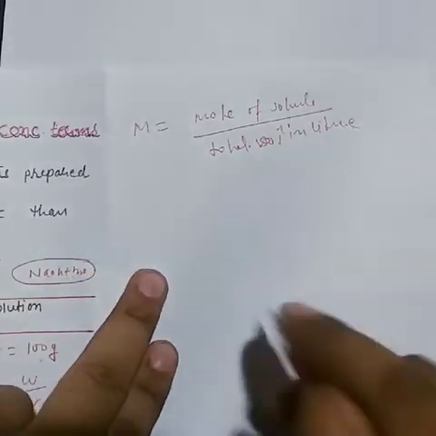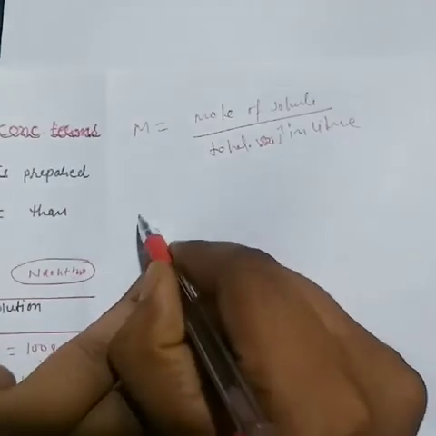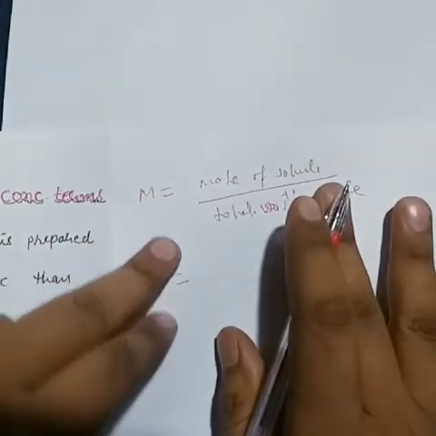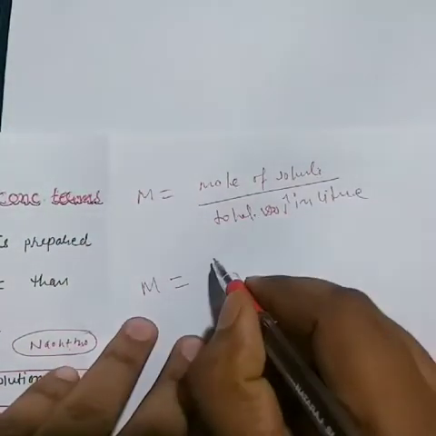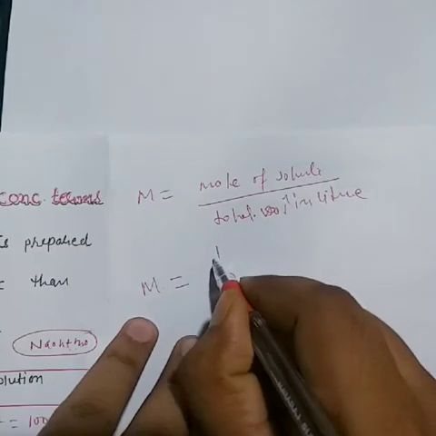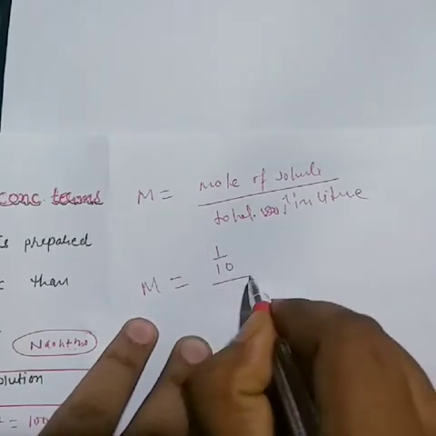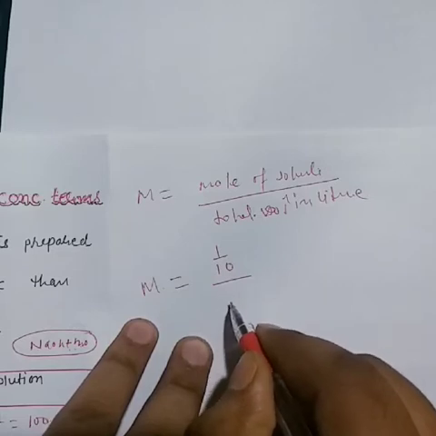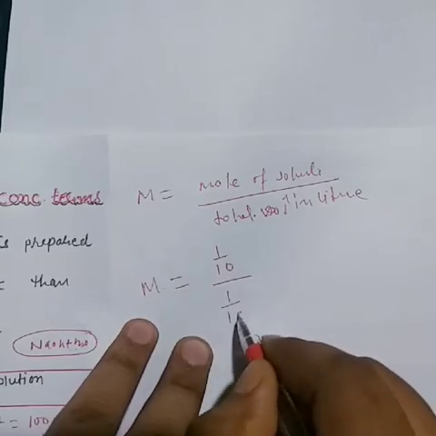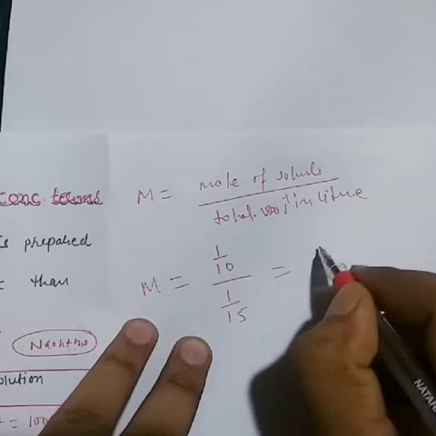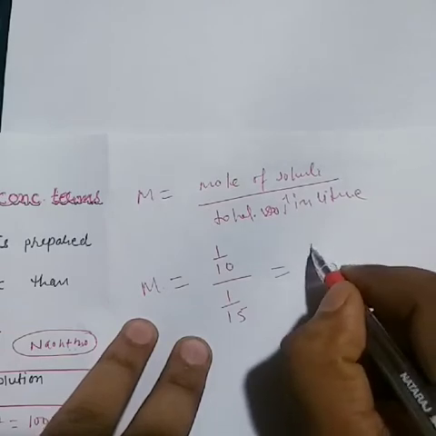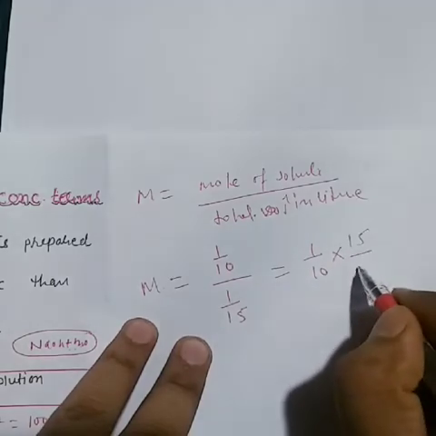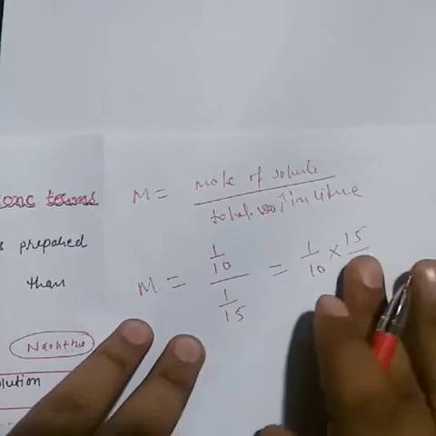So now put in the value, now directly M equals 1.10 upon how much is there, that means 1 upon 15, and finally we can write here 1 by 10 into 15 by 1.